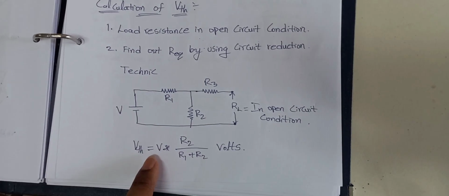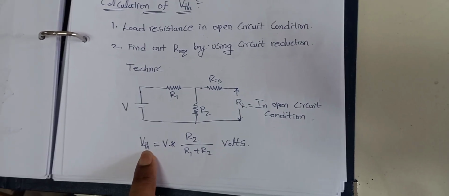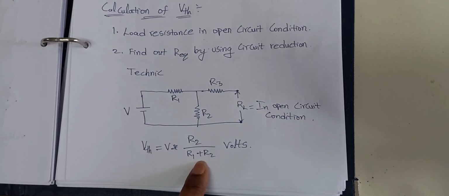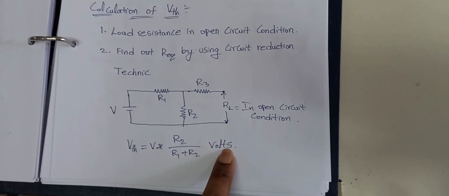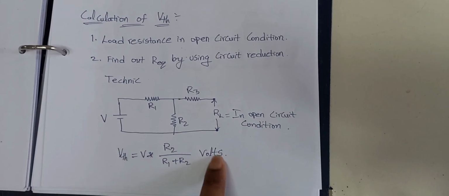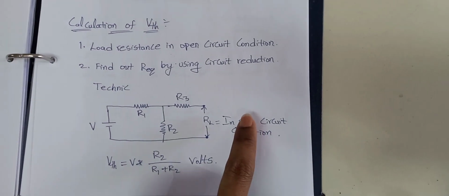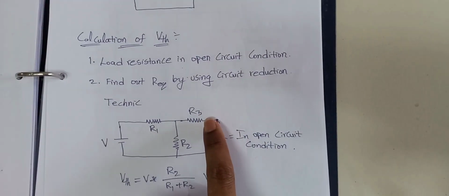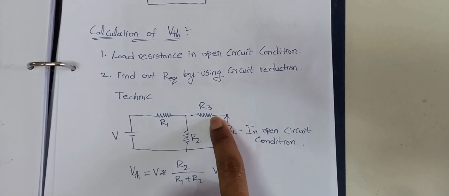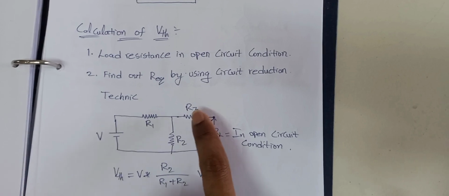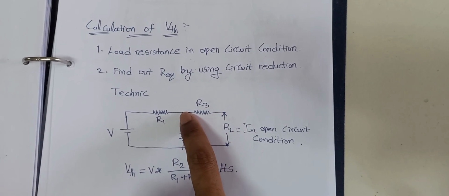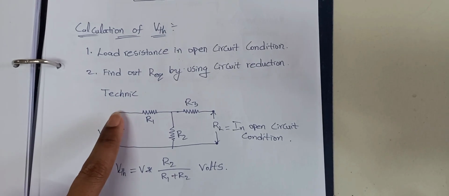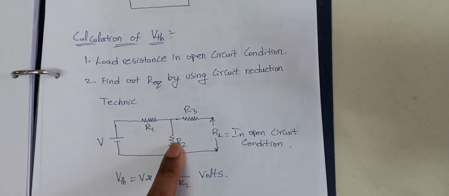For this, what is the formula? V Thevenin equals V into R2 by R1 plus R2 volts. It means where we made the open circuit, from that place this resistance is completely useless. There is no flow of current through this R3 resistance, because of that we take these 2 resistances only.